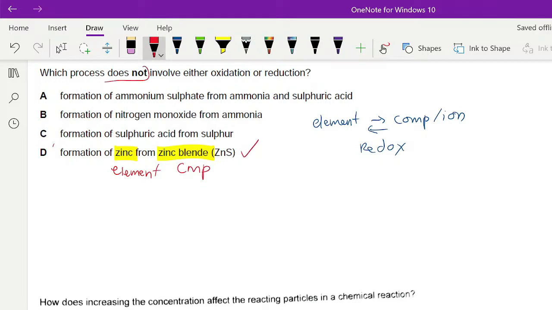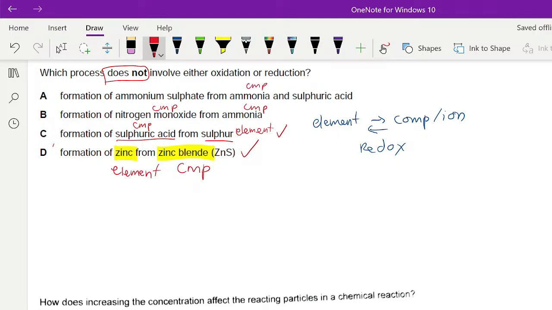We want something that is not redox. Sulfuric acid is a compound. Sulfur is an element. So it must be redox. Nitrogen monoxide from ammonia. Now this is a compound. This is also a compound, so we will check later. How about ammonium sulfate from ammonia and sulfuric acid?